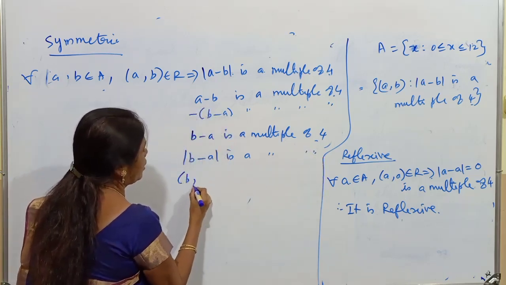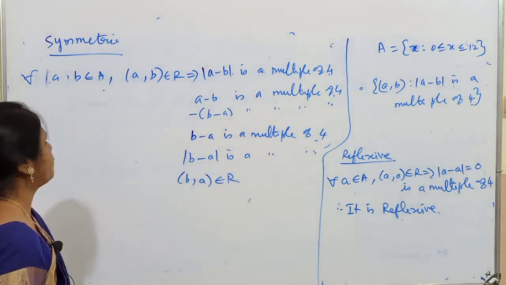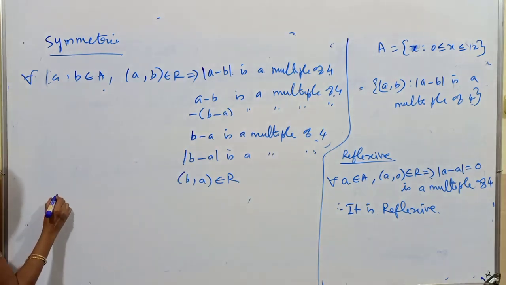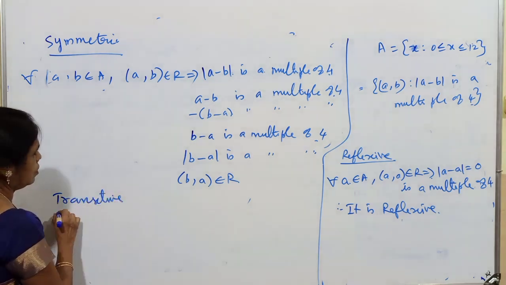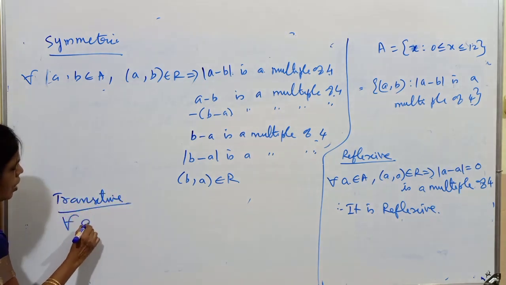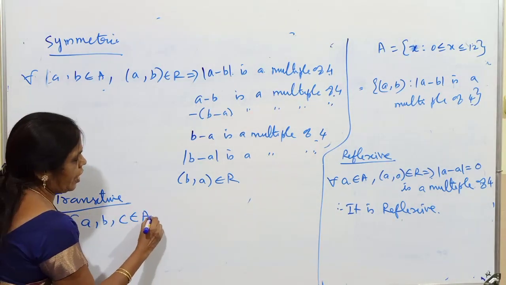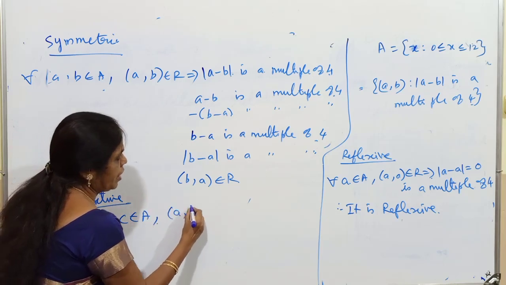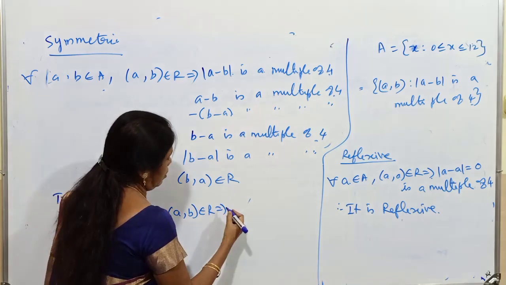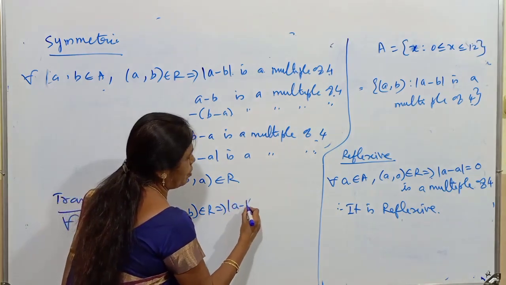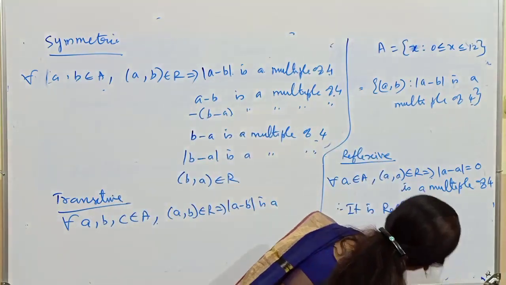So you can say that B comma A belongs to R. Next, transitive. For all A comma B comma C belongs to the set A, A comma B belongs to R. Same like the previous sum, implies modulus of A minus B is a multiple of 4.